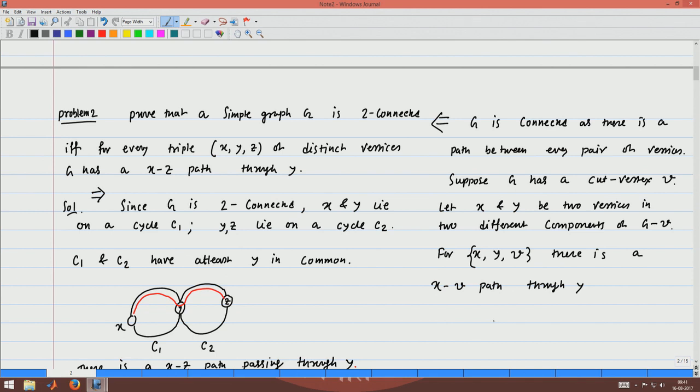So, there is a path from x to v passing through y.